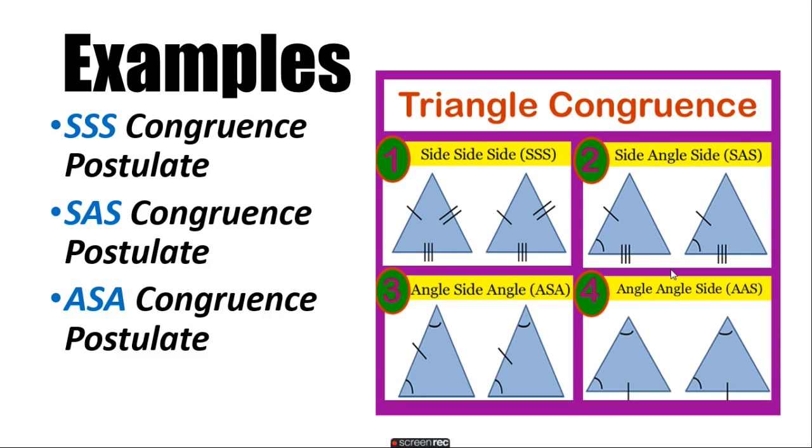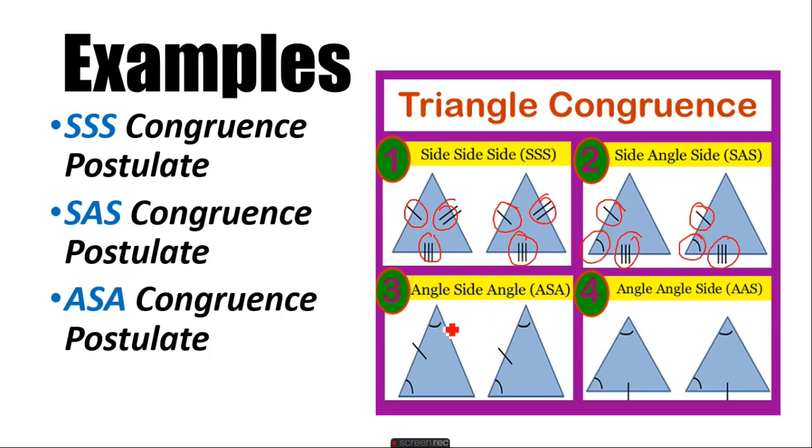Next, we have the SAS congruence postulate and then the ASA congruence postulate. If you can see, we have two triangles with three congruent sides, so we can say that they are actually congruent. In the side angle side, we have side, angle, and side, so the two triangles are congruent.